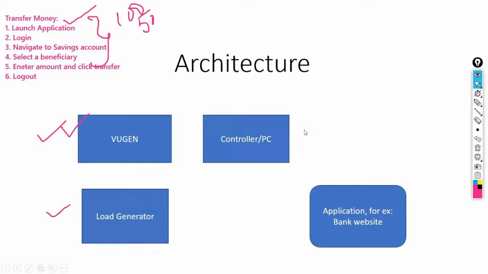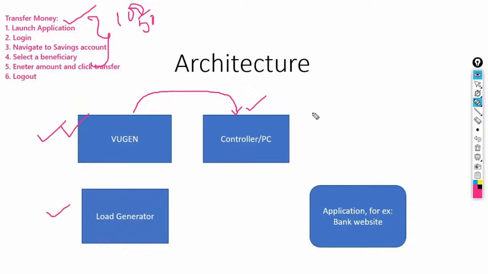That component is called Controller or Performance Center or LRE. Whatever scripts or scenarios that you develop, we upload them here and configure how long to run with how many users and all that. So we upload the script here, configure everything here, and trigger the execution. Okay, I repeat, trigger the execution.